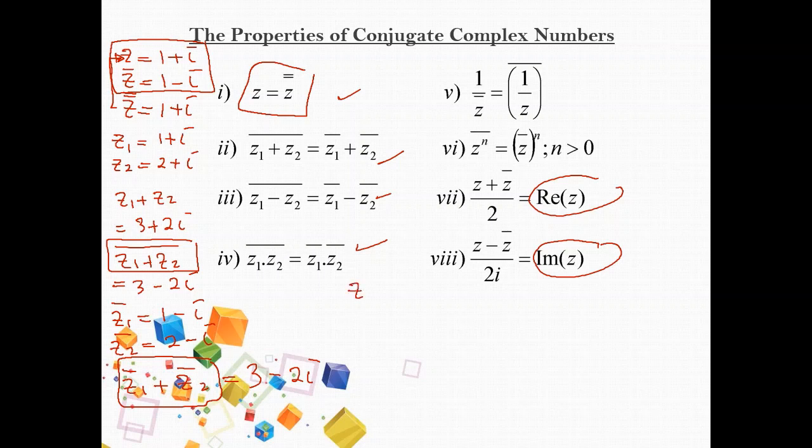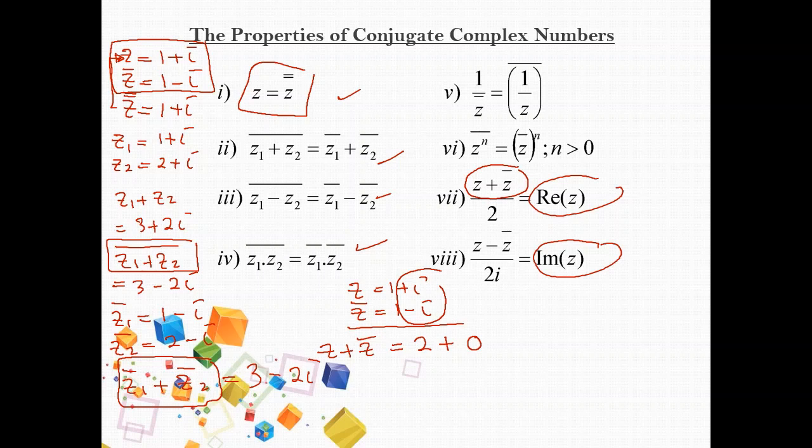So z equals 1 plus i, and we have the conjugate here, which is 1 minus i. We perform the addition of the complex number with its conjugate. So z plus z conjugate will give you 2, and plus i with minus i will give you 0 imaginary part.